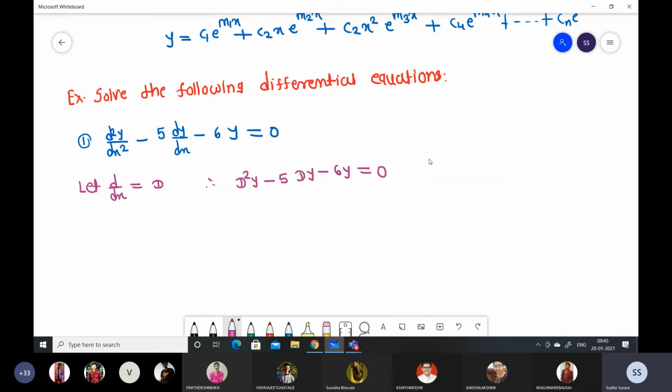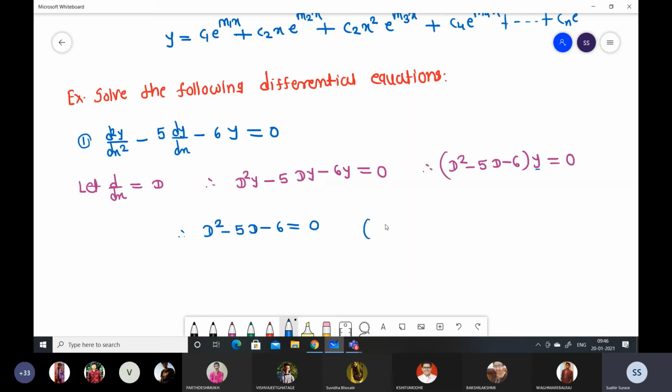Now take y common, so therefore D square minus 5 times D minus 6 times y is equal to 0, and now equate the coefficient of y to zero. So therefore D square minus 5D minus 6 is equal to 0.